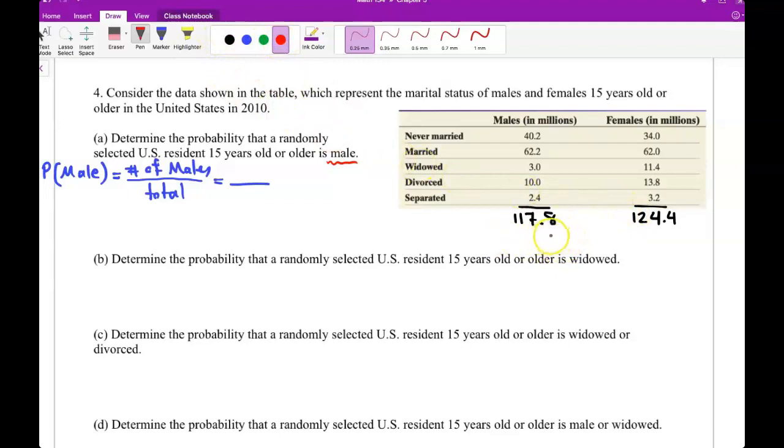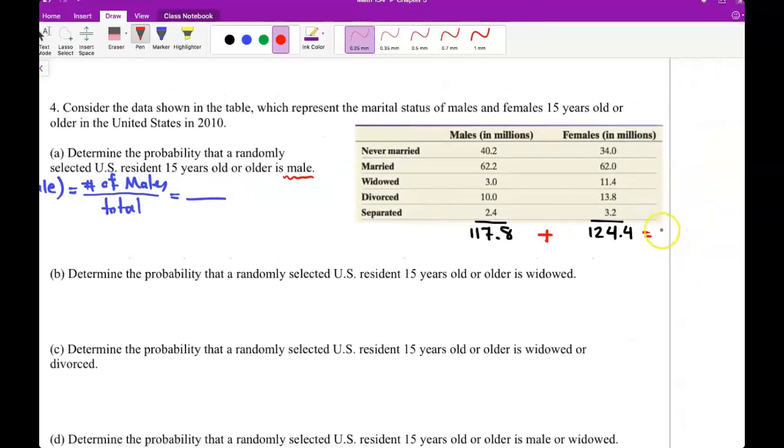And we need to know how many is in denominator. So what is the number of outcomes total? Males plus females is equal to 242.2. So this is total.